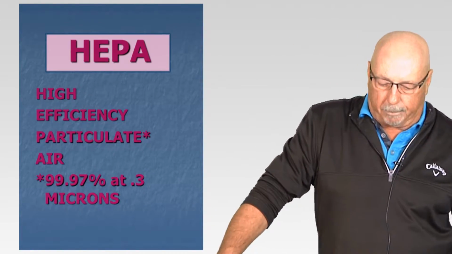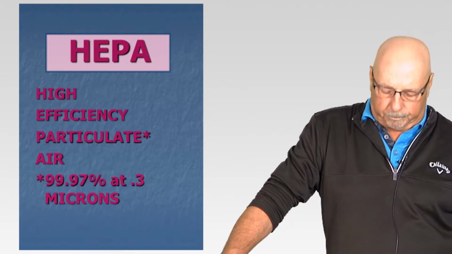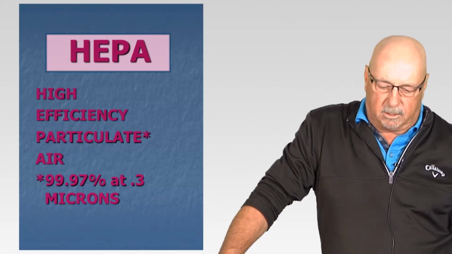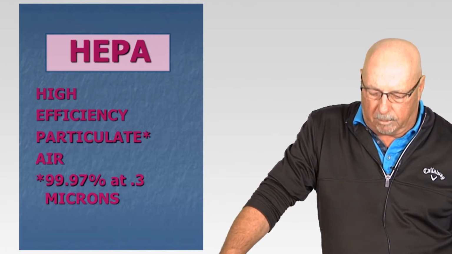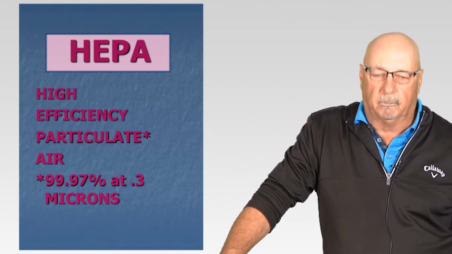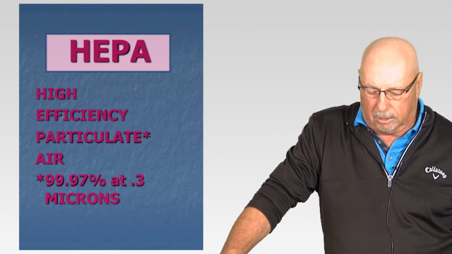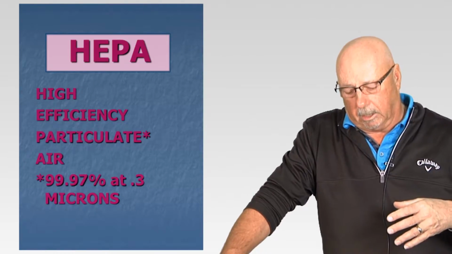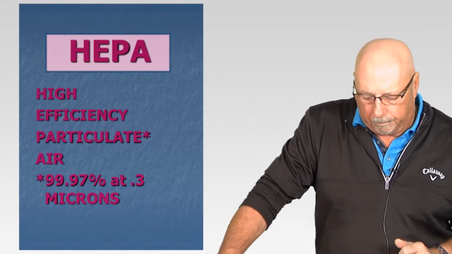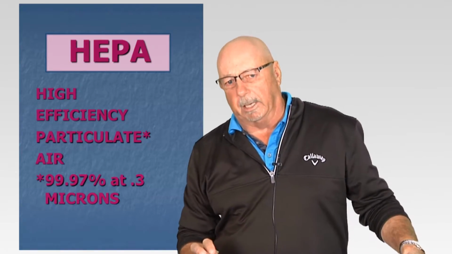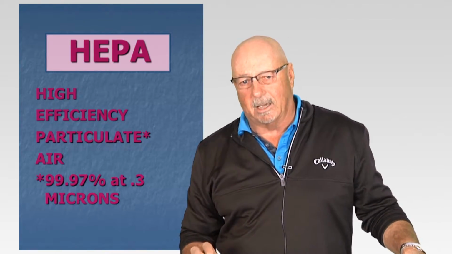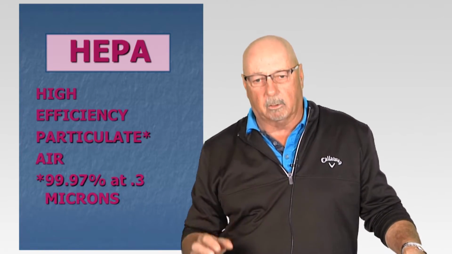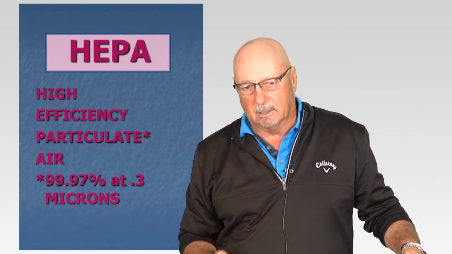Well, we use the term HEPA a lot. In HEPA cartridges, it's important we understand what a HEPA cartridge is. HEPA stands for High Efficiency Particulate Air filter. Essentially this is a filter, and in the case of the respirator, it's a cartridge filter that is capable of filtering out 99.97% of particulates at 0.3 microns in size.